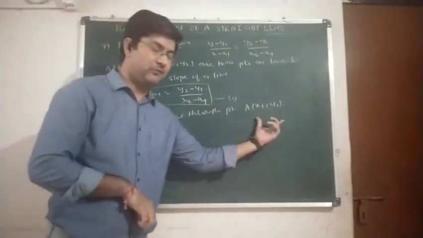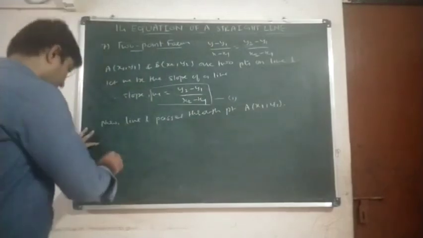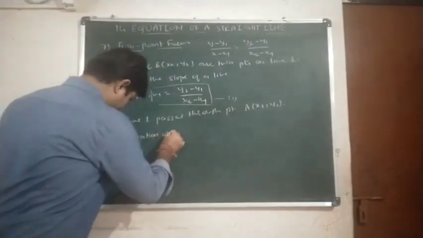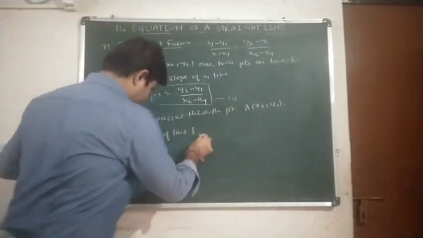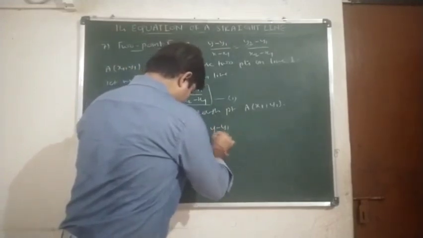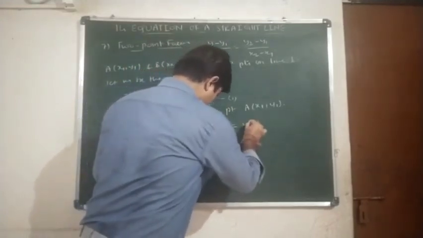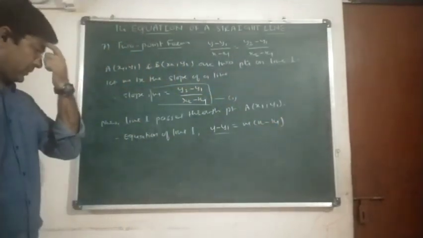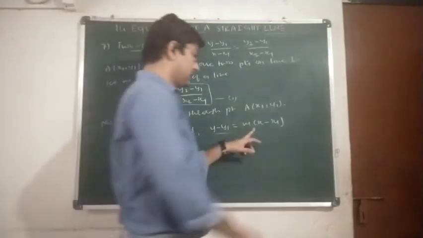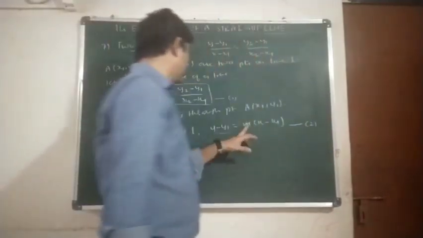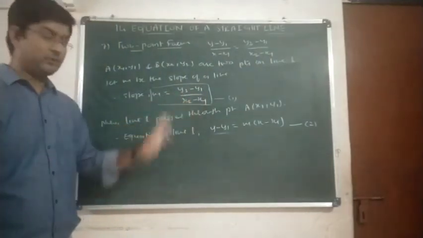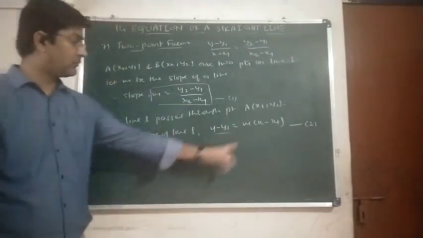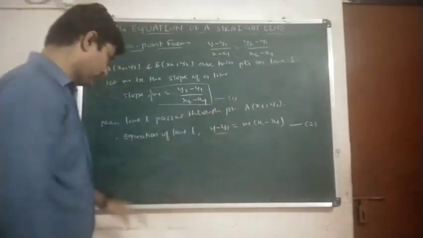One point is (x1, y1) and the slope is m, and therefore the equation of line L will be y minus y1 is equal to m into x minus x1. Clear? This is equation 2. Now in this formula we will put the value of m. The value of m is y2 minus y1 upon x2 minus x1, from equation 1. So substituting the value of m in equation 2.